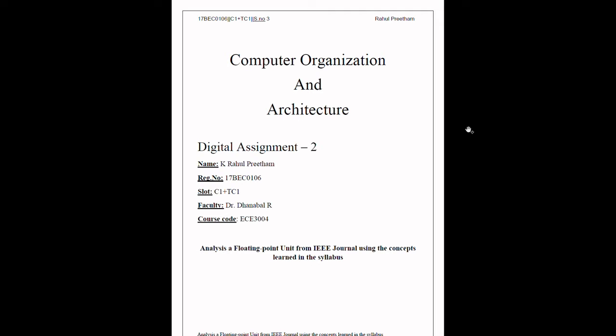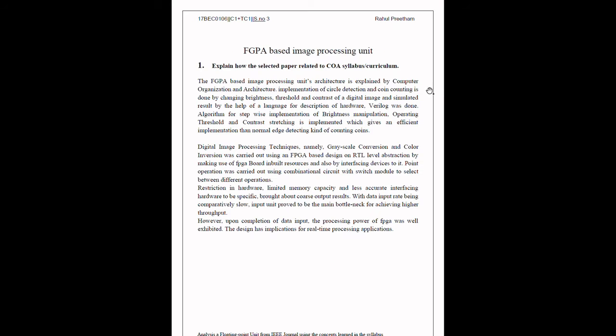Now let's see about FPGA based image processing unit. We will go through the questions one by one and see the explanation for each question. The FPGA based image processing unit's architecture is explained by computer organization and architecture.